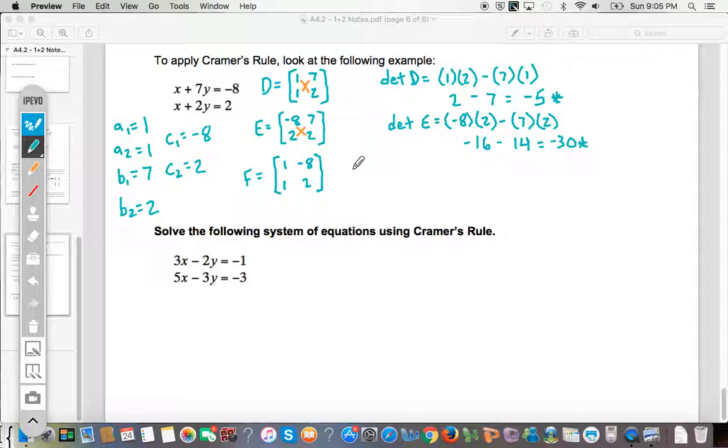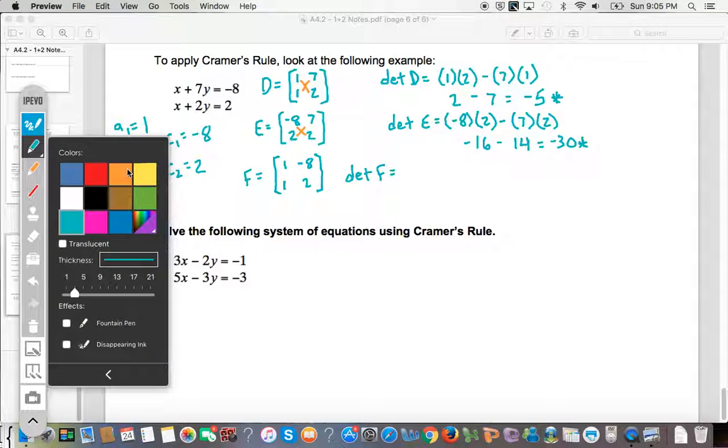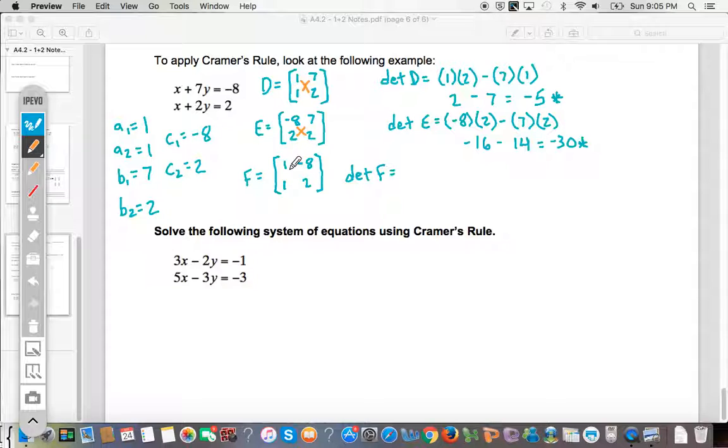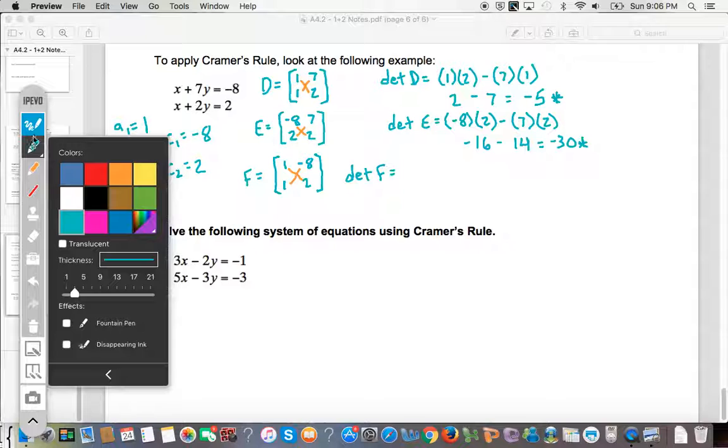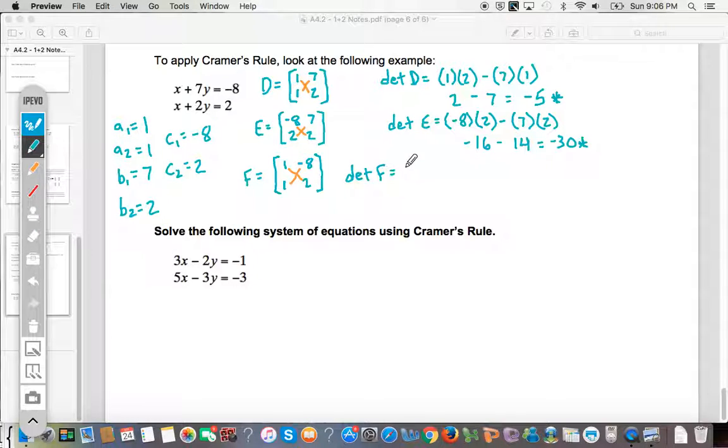Okay, my last one, write it over here. Determinant of F equals, draw my lines, negative 1 times, or not negative 1, positive 1 times 2, minus negative 8 times 1.